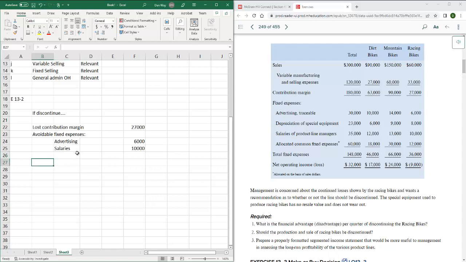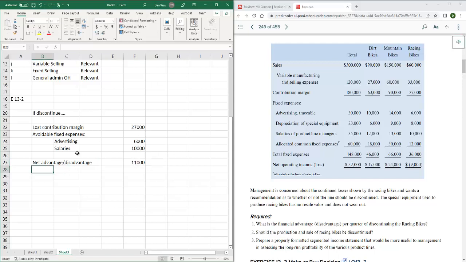So let's figure out what that net advantage or disadvantage is here then. Just 3 items to consider. And in essence, we're saying, well, we've lost contribution margin of $27,000, right? But we've recouped or would recoup advertising that's avoidable of $6,000 and salaries of $10,000.